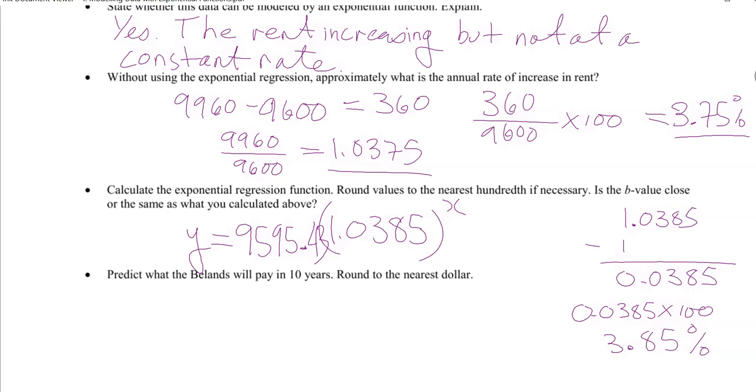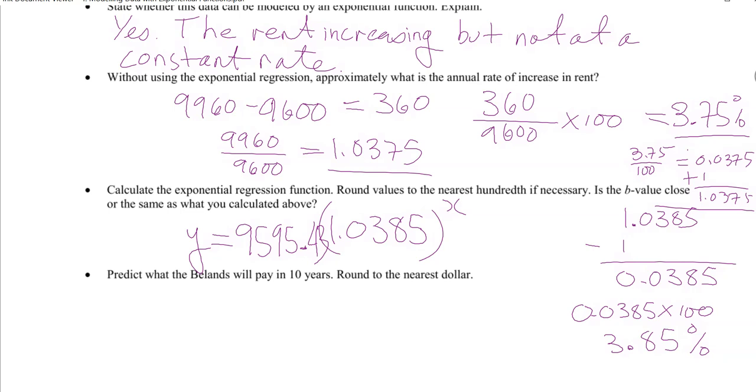So to take this and make it into a b value, the first thing you would do is take the 3.75, divide it by 100 to turn it into a decimal, and then add 1 to get the b value. So all the 1 is doing in the b value is keeping the original amount, and whatever's after the 1, that's your rate of growth.